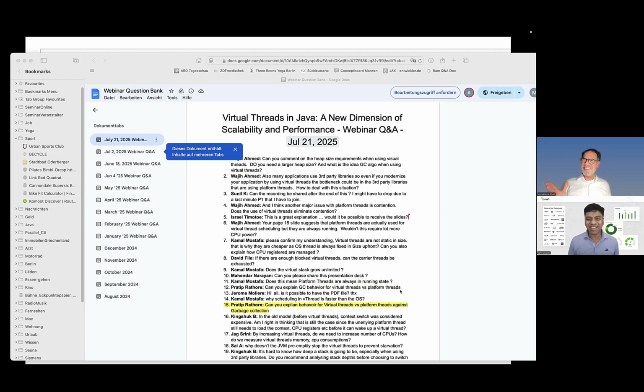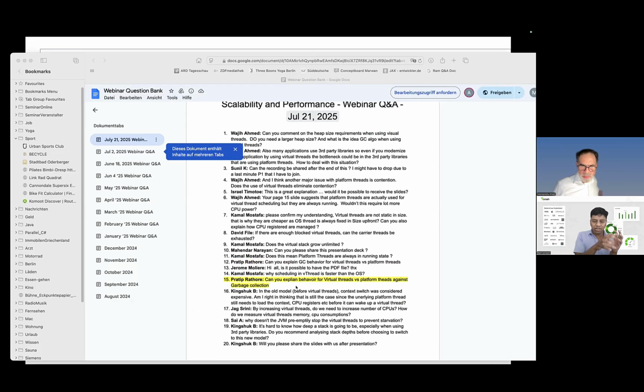Okay. That's actually an interesting question. Virtual threads, when they are not running, which is what most of the threads are, are going to be in the heap memory. But when they are running, they are going to be in the native memory. So most of the virtual threads, sorry, are going to be pushed to the heap memory.